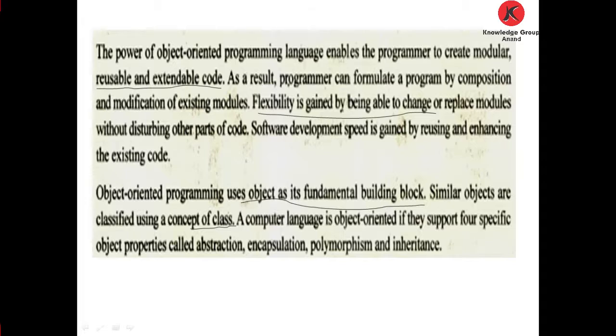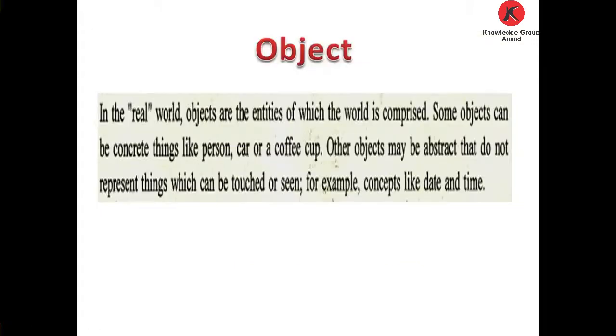A computer language is object-oriented if it supports four specific object properties called abstraction, encapsulation, polymorphism and inheritance.